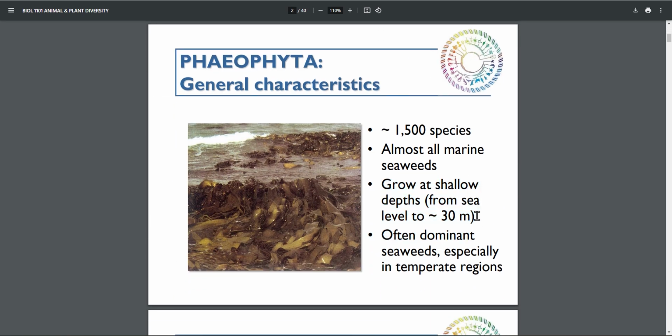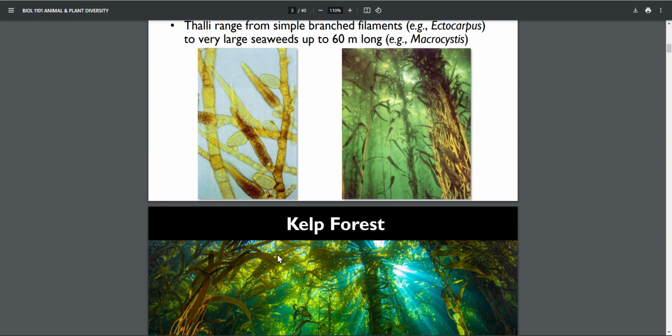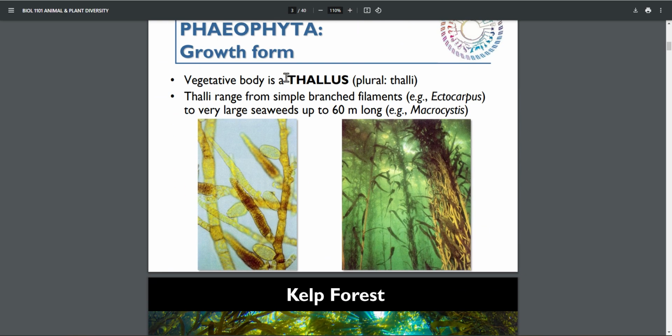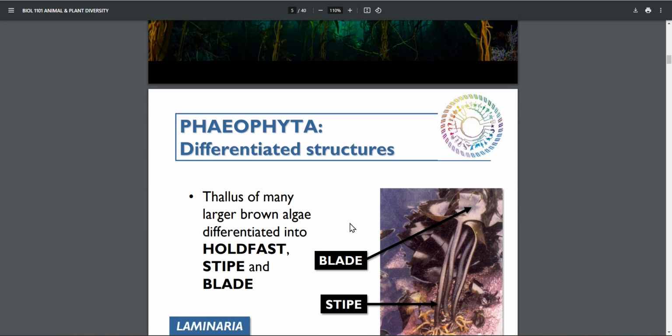Grows at shallow depths, from sea level to around 30 meters, and it's often the dominant species in that area. So the vegetative body, this part, is called the thallus. The thallus can either be branched filaments, these small branched filaments, or very large seaweeds, forming kelp forests.